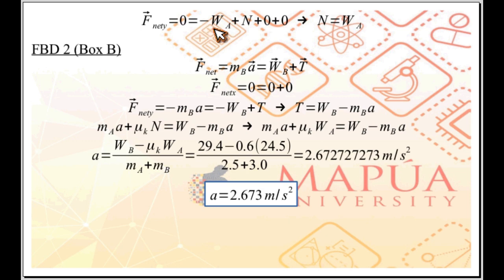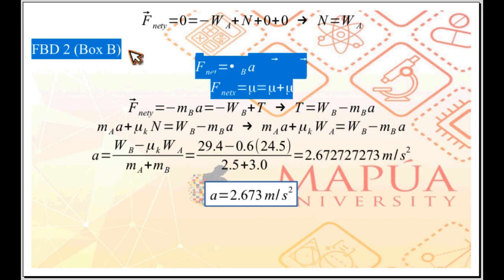Weight is downward, so minus weight A. Normal force is vertically upward, so plus N. Kinetic friction and tension are horizontal. No y component. From the y component, we get that the magnitude of normal force is just equal to the magnitude of weight A.